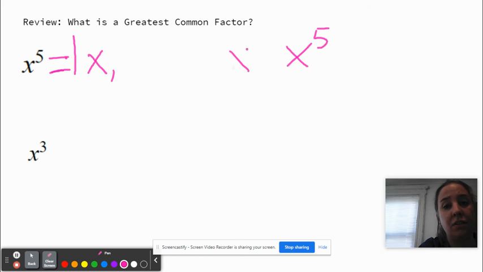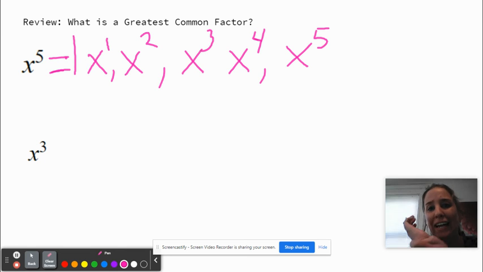X times x to the 4th is a factor of x to the 5th. X to the 2nd times x to the 3rd is also a factor. So really, any x to whatever up to 5 is a factor of x to the 5th.